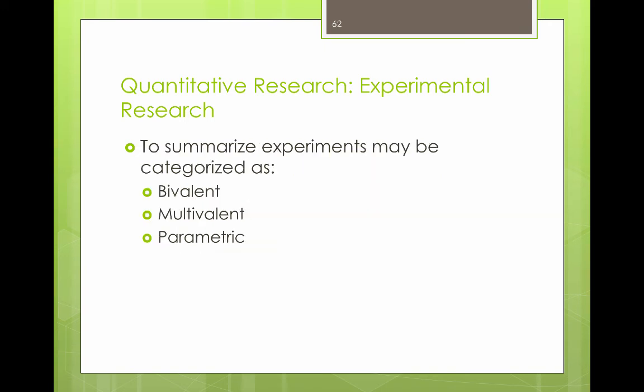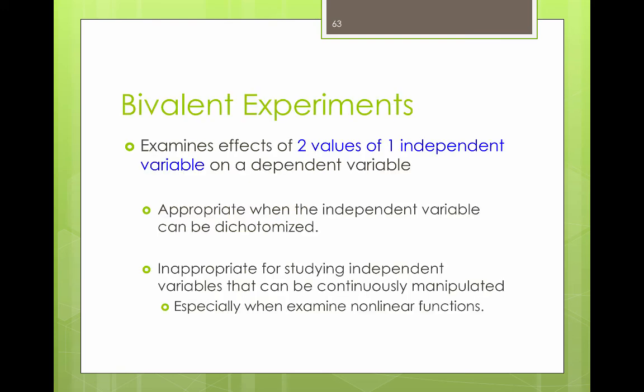To summarize what we've spoken about, experiments can be categorized as bivalent, one independent variable with two categories; multivalent, one independent variable with multiple categories; or parametric, two or more separate independent variables. Bivalent examines the effect of two values of one independent variable on one dependent variable.